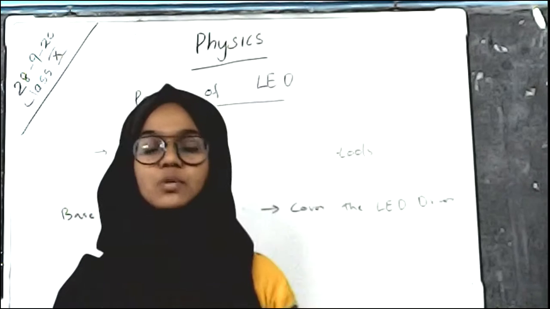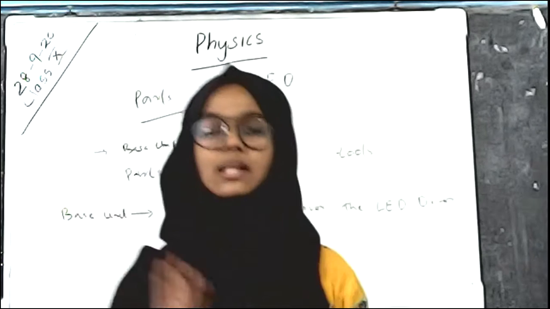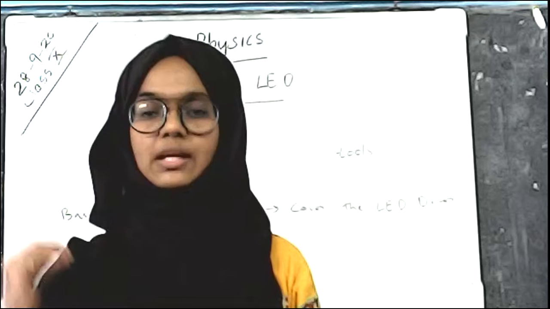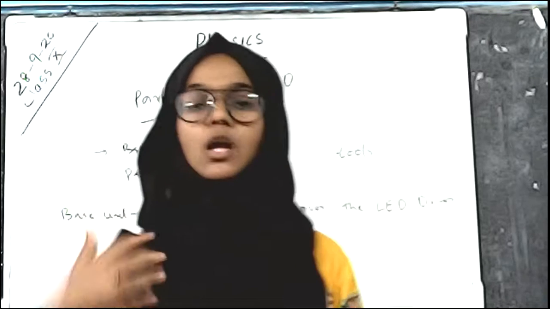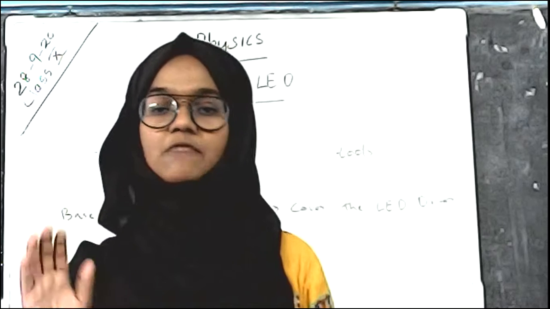Today we discussed the details of an LED bulb. First, we discussed the advantages of LED bulbs: they are more efficient, low cost to produce, and their disposal and repair are very easy.